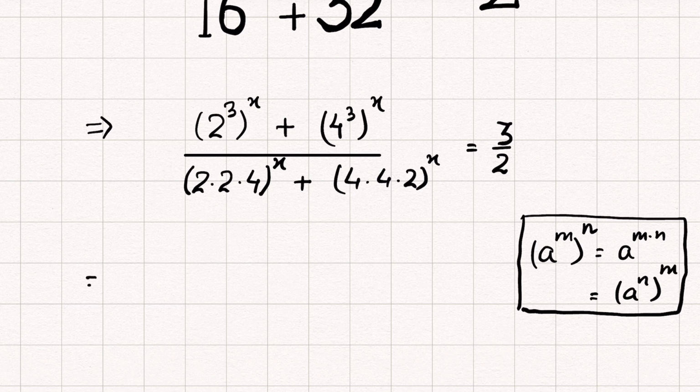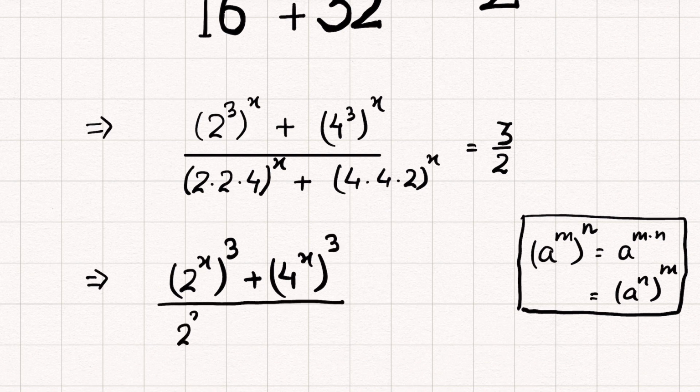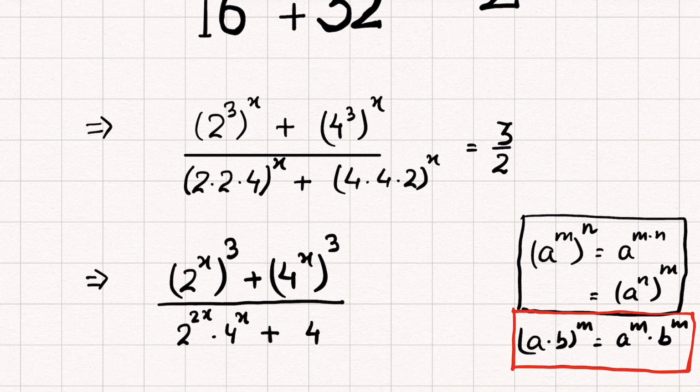So here 2 raised to the power 3 then whole raised to the power x, we can write as 2 raised to the power x whole raised to the power 3 plus 4 raised to the power x whole raised to the power 3 upon 2 raised to the power 2x times 4 raised to the power x, because when a times b whole raised to the power m, this means a raised to the power m times b raised to the power m, plus 4 raised to the power 2x times 2 raised to the power x is equal to 3 upon 2.